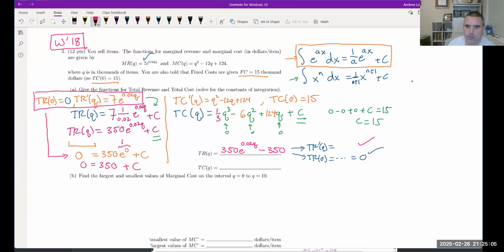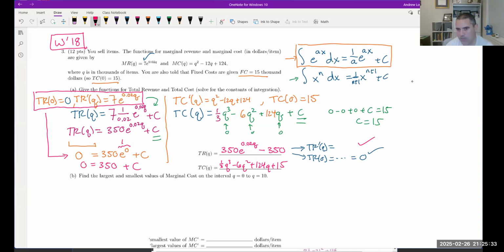And so we get this 1/3 Q cubed minus 6Q squared plus 124Q plus 15. All right, so that's the plus C piece that you were doing in the 12-4 homework. We good there? Questions on that?